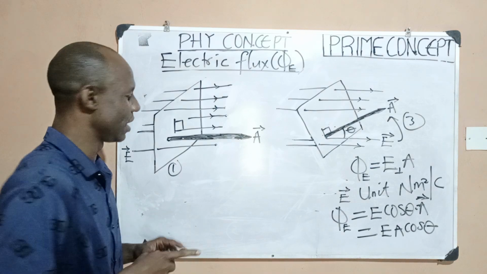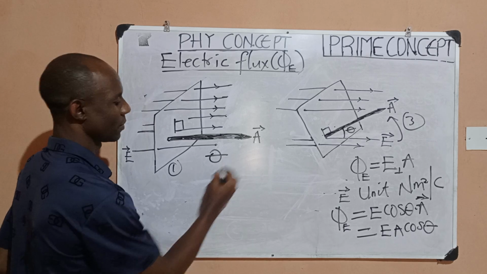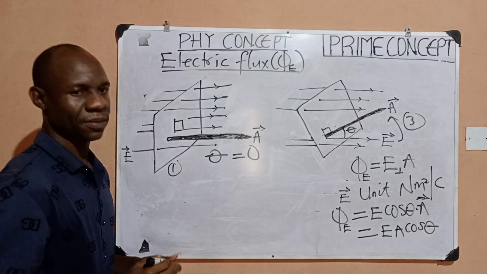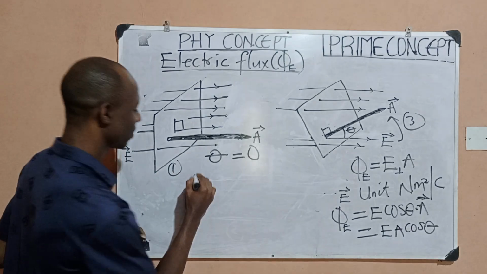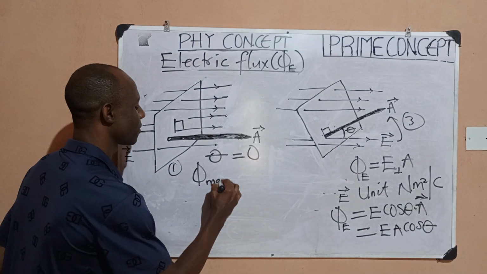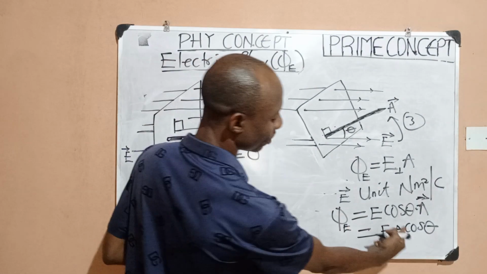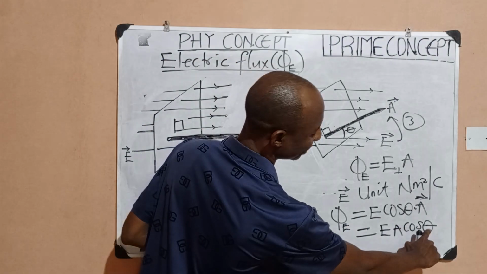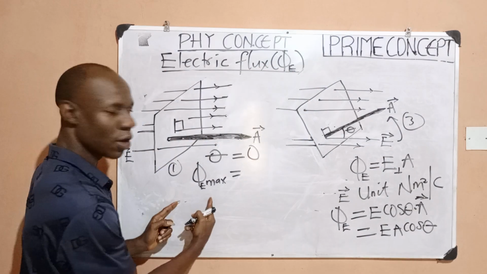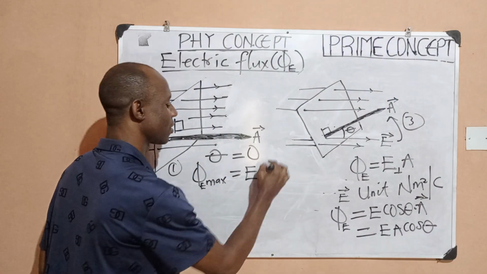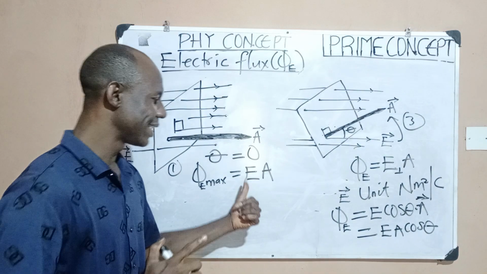So for maximum flux, theta is going to be 0. That is to say, your maximum flux is going to be, if I come to this formula and replace theta with 0, cos 0 is 1, so the maximum flux is just the product EA. So this is going to be our maximum flux, just the product EA.